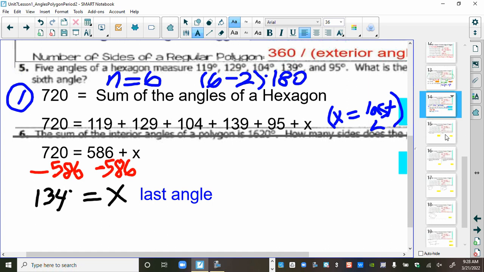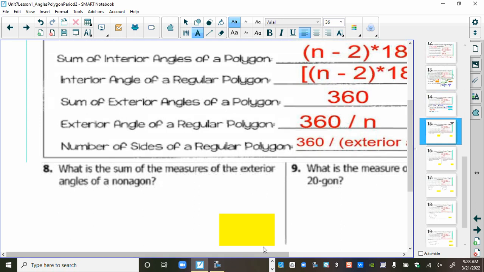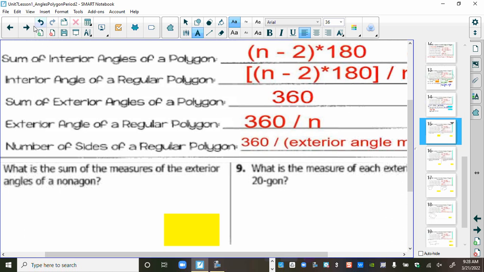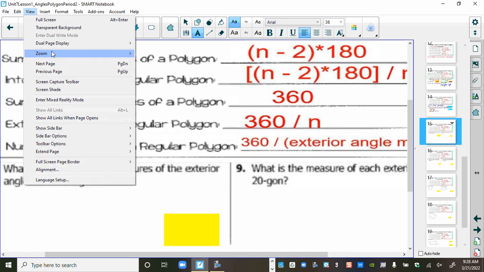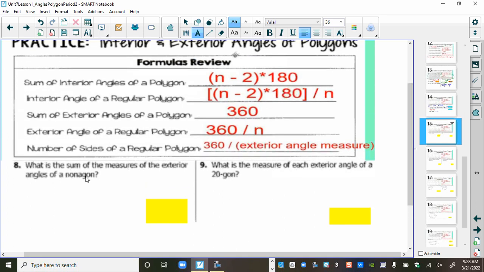All right. Okay, these next ones are going to be real quick. Zoom out a little. Okay, the sum of the exterior measures of a nonagon. Well, it doesn't matter how many sides you have. What's the sum of the measures of any and all exterior angles?